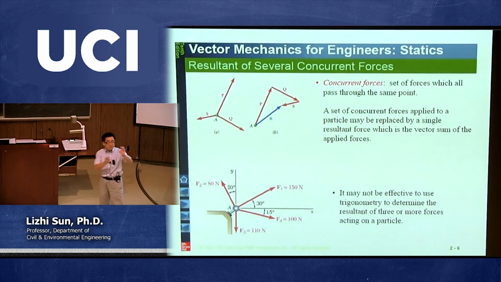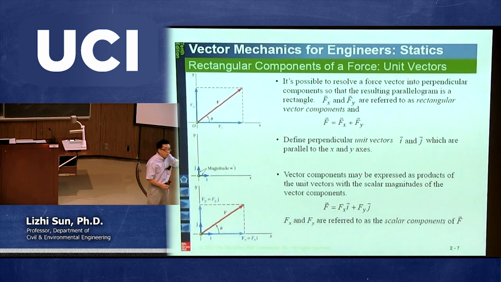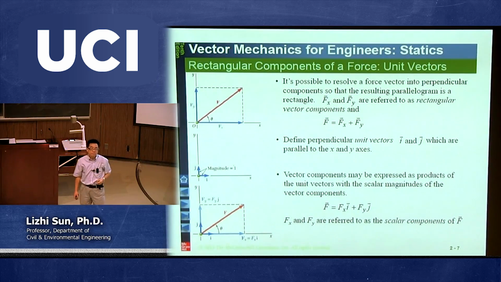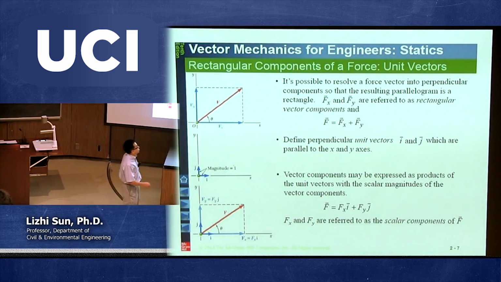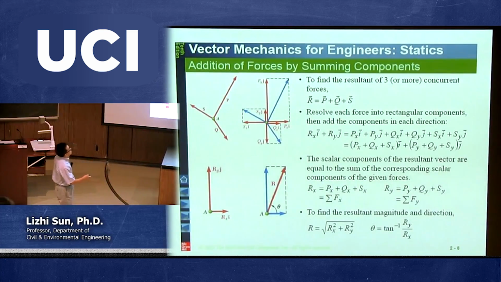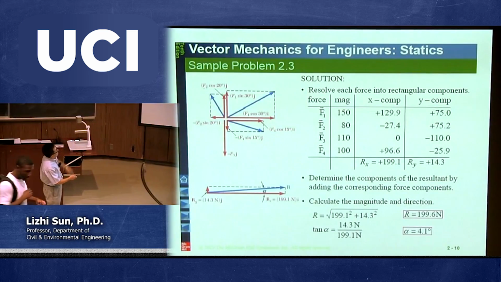So if this point is under equilibrium, that's Newton's first law. Correspondingly, we have 2 equations for us to calculate 2 unknowns. That's the fundamental equilibrium equations to solve for 2 unknowns.